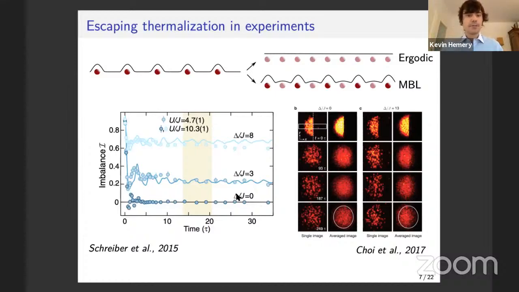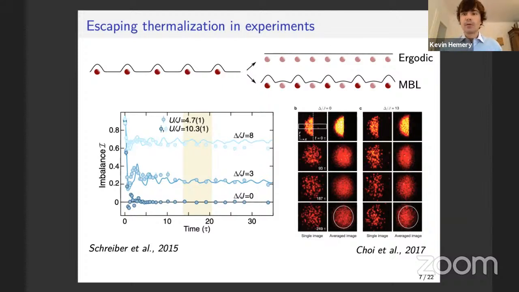To identify this very special phase of matter in experiments, what people typically do is look at an observable where you know in advance what the thermal value should be, and then observe that in an MBL regime, you do not relax toward this expected value. A nice way to do this is to start from an initial state which does not have a homogeneous density, so only the odd sites are populated and you leave the even sites empty.